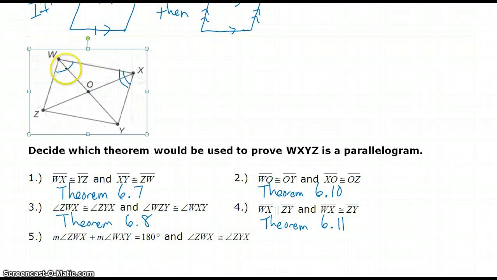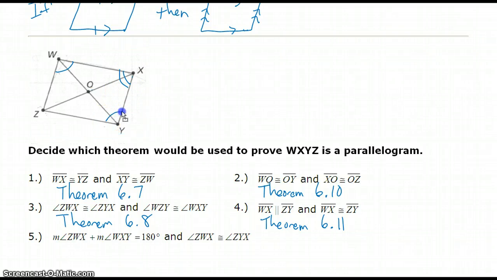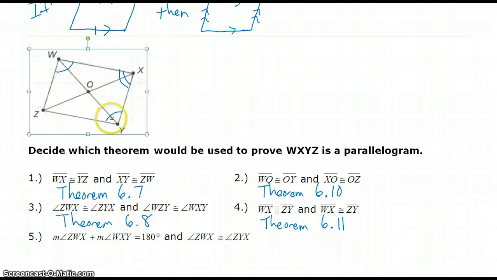ZWX is this angle. ZYX, Z to Y to X, is this angle. So I have one pair of opposite angles congruent, and these two angles are supplementary. I think I'm going to use theorem 6.9, but I can't quite yet.